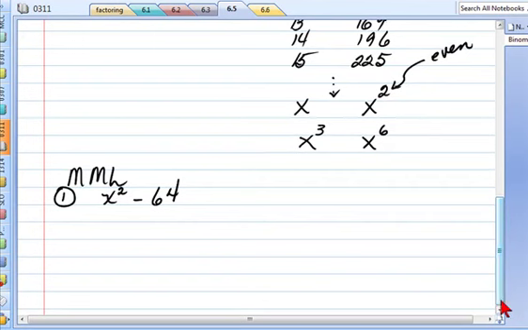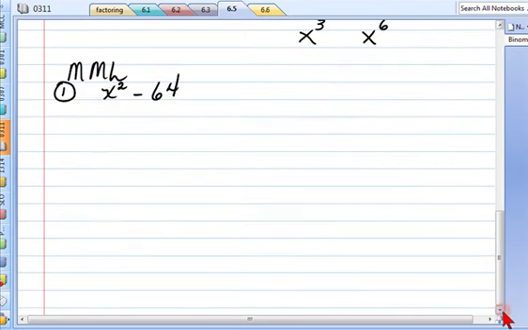If I'm asked to factor that, first thing I do is look at the terms and say, is there a common factor? No. Then I say, okay, well, there's two terms. It's a binomial. At this instant, I only know one kind of binomial to factor, and that's the difference of squares.